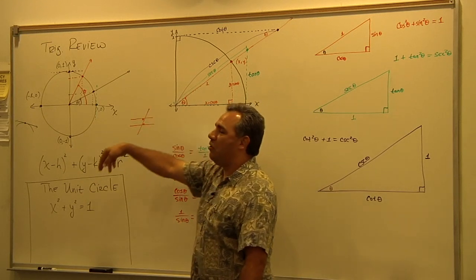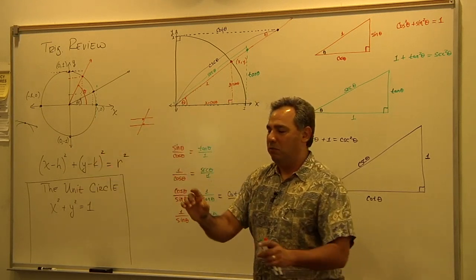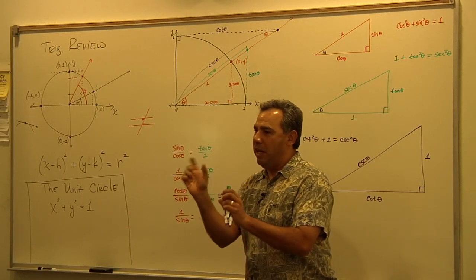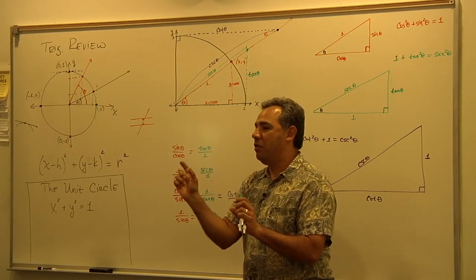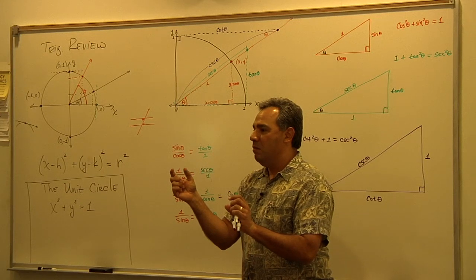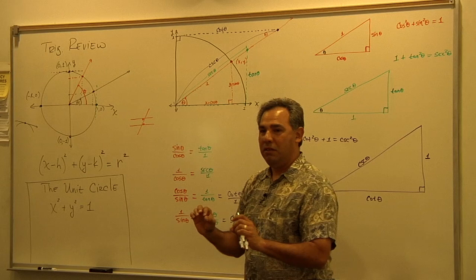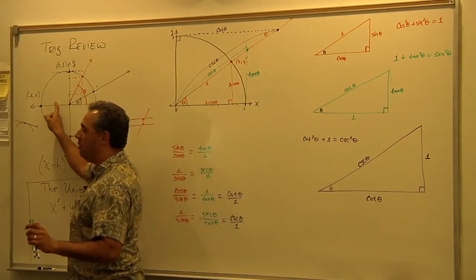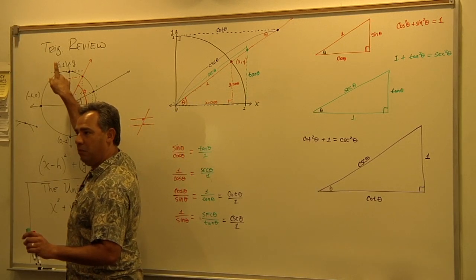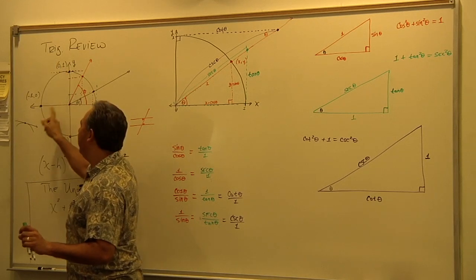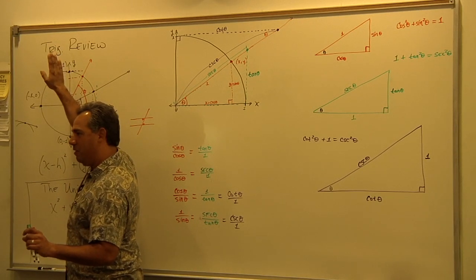So think about the unit circle. In which quadrants do x and y have opposite signs? In the second and fourth, right? Because in the second quadrant, x is negative, y is what? Positive. In terms of trig, cosine's negative, sine is positive, right?